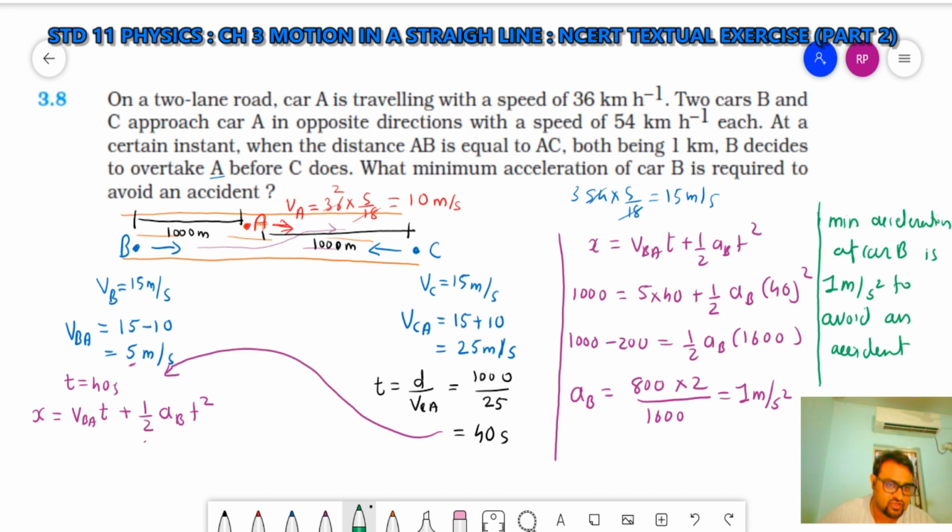Actually this is the initial velocity of B with respect to A. So putting that value, I got acceleration 1 meter per second square. So that is the minimum acceleration car B must have to avoid an accident. If it is more than 1, accident will be easily avoided. If it is less than 1, there will be an accident. So minimum acceleration is 1 meter per second square. Just note it down.